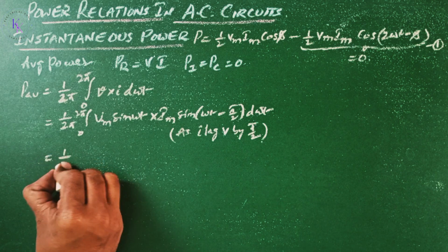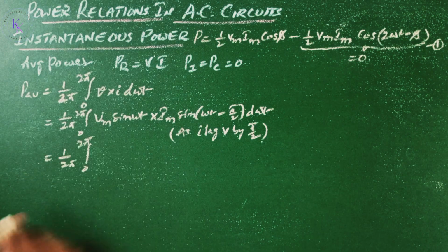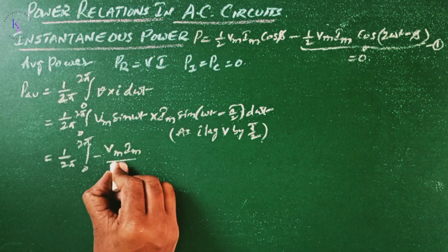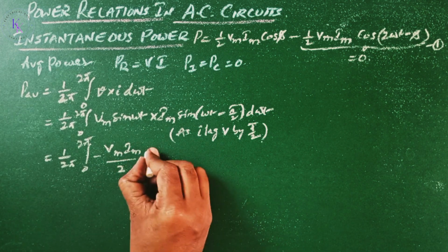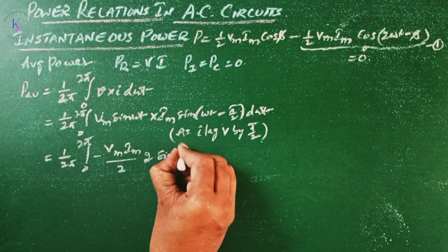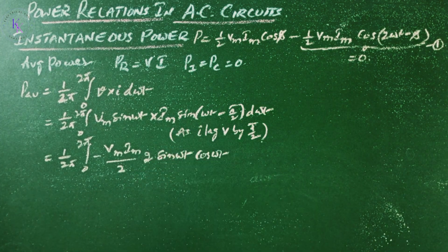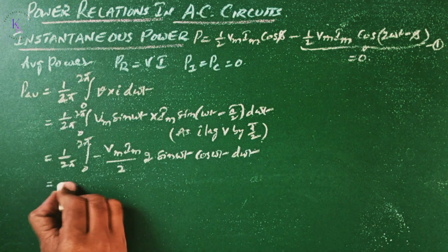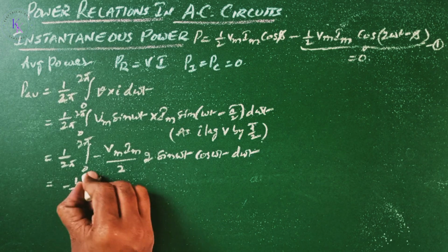That equals 1 by 2 pi integral 0 to 2 pi of minus Vm Im, dividing by 2 and multiplying by 2, sin omega t cos omega t d omega t, since sin(omega t minus 90) is minus cos omega t.